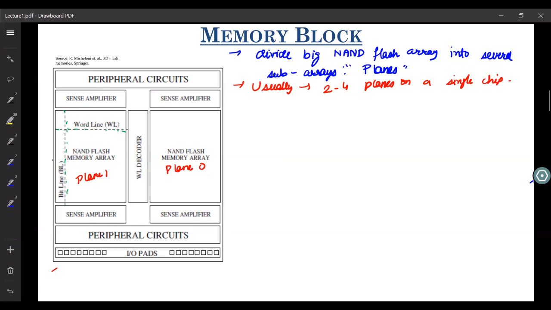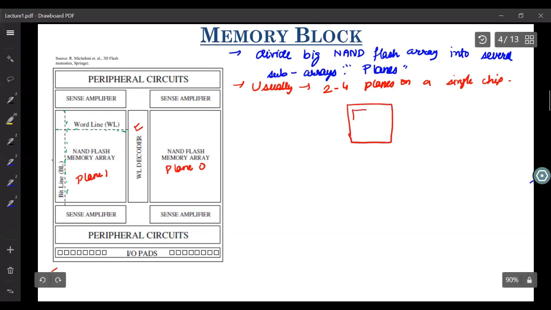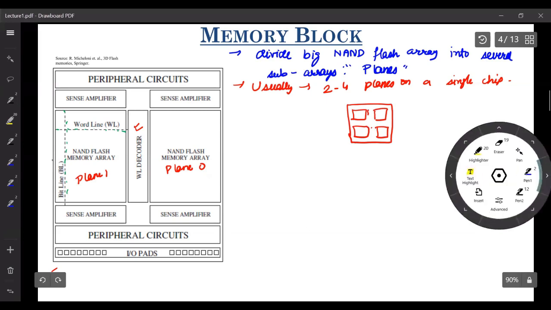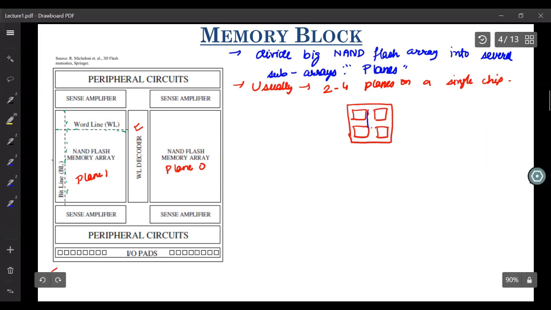Here you can see that the decoder is placed between these 2. Similarly, if there were 4 planes, something like this on your chip, then they would place the row decoder here and the column decoder here.